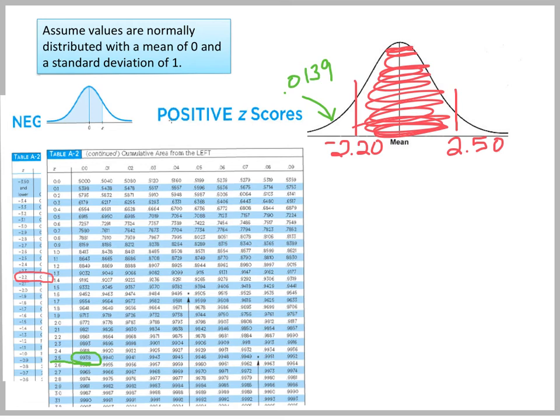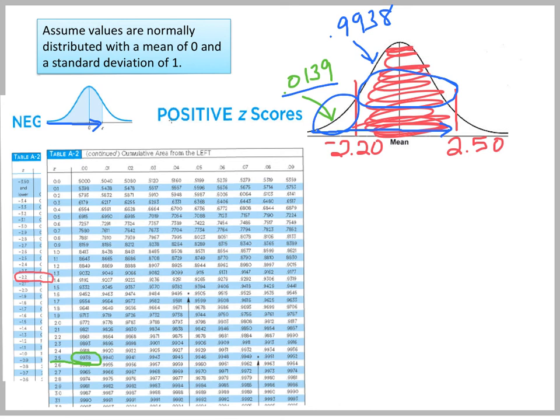That value, notice, goes from this tail all the way up to here. So it starts here and it goes all the way up to here. So that amount is 0.9938. So we have counted this portion twice. We've overlapped. So what we need to do to find this area in red that we're interested in is subtract the two areas to get rid of this part that's been counted twice.